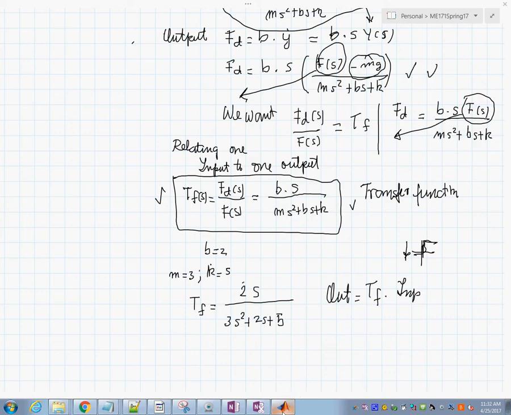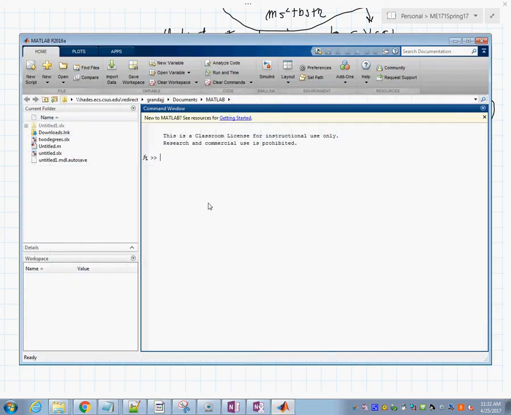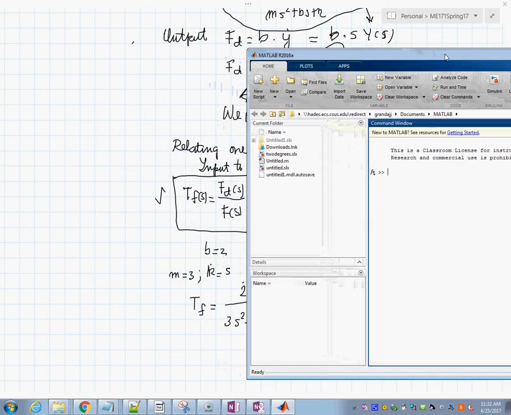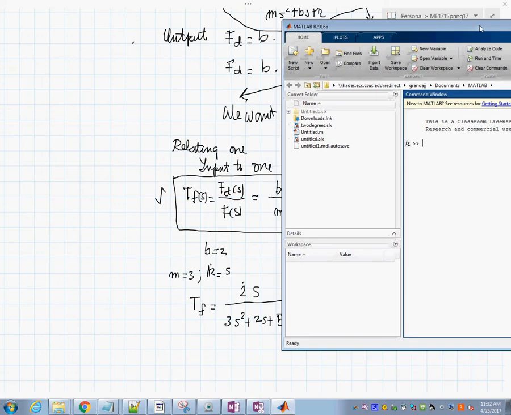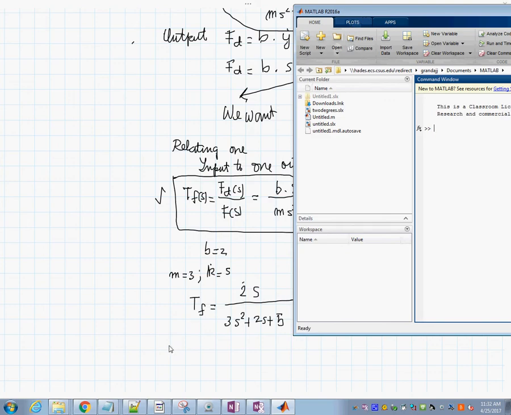So we open MATLAB and run it, and what we want is to put this transfer function into MATLAB, the one that you see here.